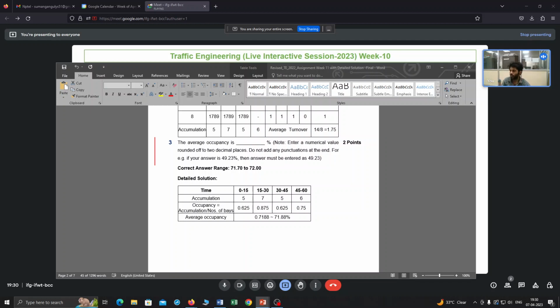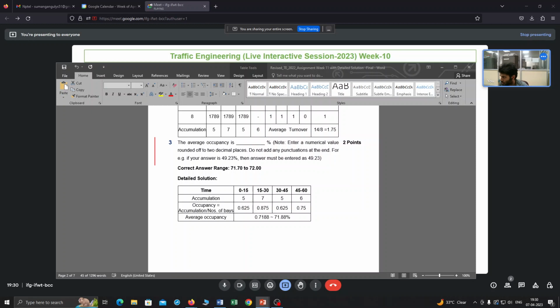So the main problem is for each 15 minutes we have to calculate the occupancy, and occupancy means parking accumulation by number of bays. So here parking accumulation is 5, but number of bays is 8.